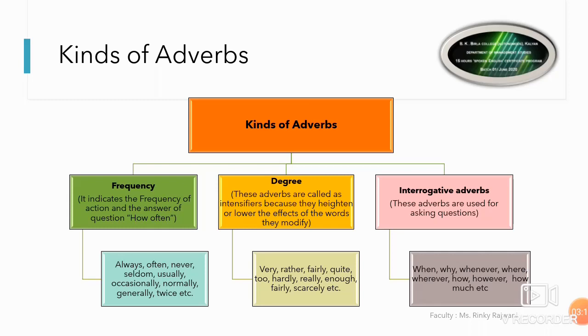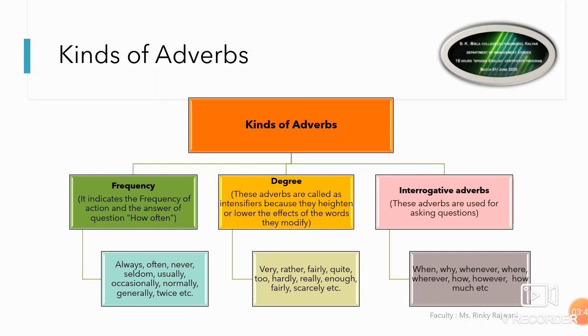Like we say, how often do you visit a temple? Somebody may say, always I visit a temple, or seldom I visit a temple. Usually I visit a temple. Normally I visit a temple. I generally visit a temple twice. So we get an answer in the form of frequency.